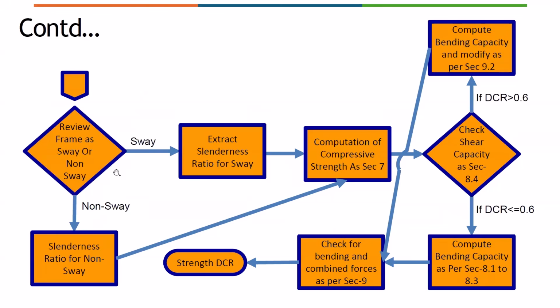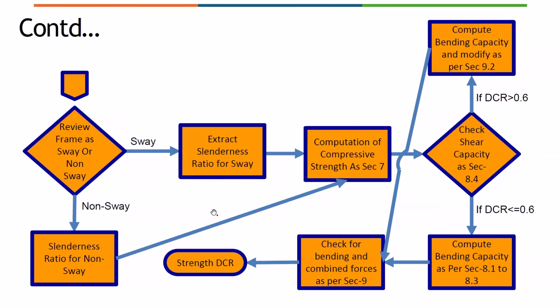And the appropriate slenderness ratios are selected. The capital K factors, or the effective length factors, for beams and braces are generally kept as 1. And then the program computes the compressive strength as per section 7.